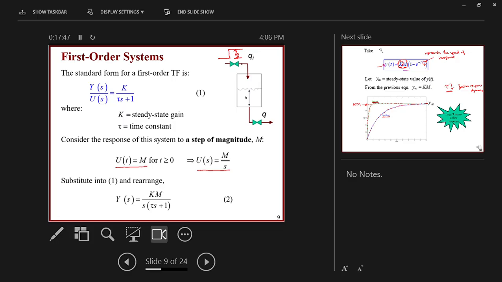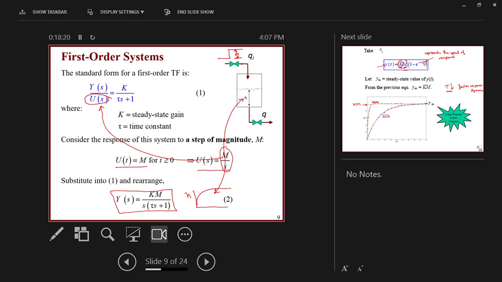So substituting this into this equation and separating y will give us this form of Laplace expression. And then if we want to find the way in which y, or the level, changes with time, of course the level will change in a dynamic way.